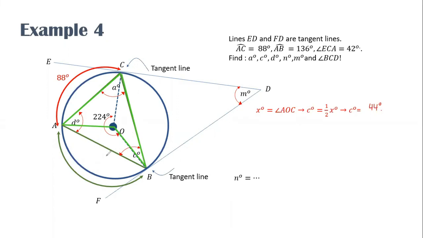So the arc angle is 136 degrees. Arc AB equals the angle at center AOB, 136 degrees. So automatically a is half of 136 degrees.